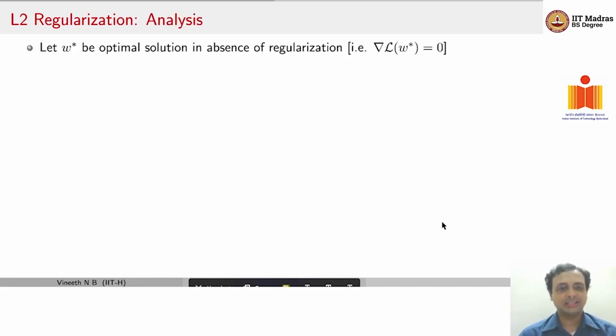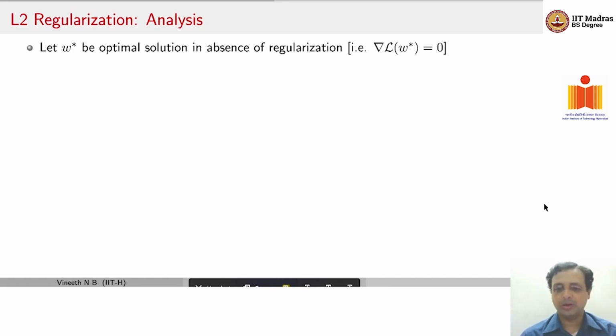Let's do some analysis of this regularization to understand what is really happening. Let's first talk about it conceptually, intuitively, and then we'll go over one mathematical way of looking at what's going on in regularization. We said some time back that the shape of the L2 norm ball can help you understand what you're doing with regularization.